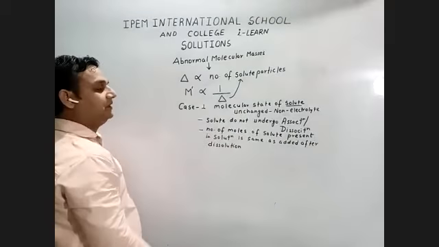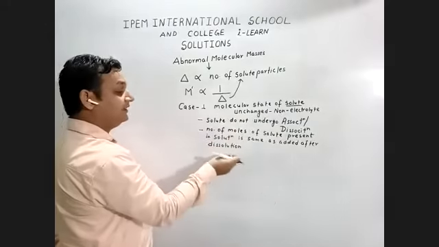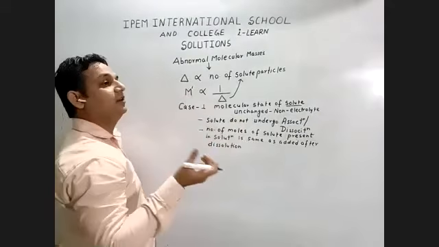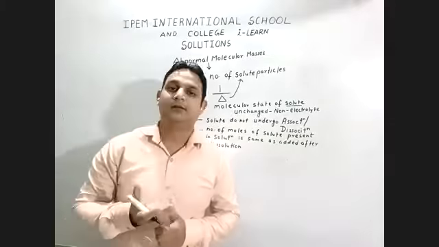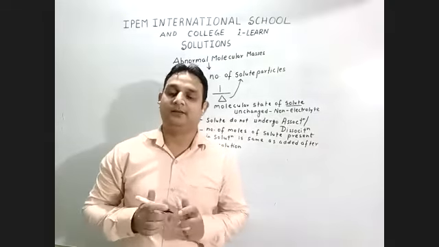Is it clear? So when the number of moles of solute present before and after dissolution is the same, we will get the exact molecular masses. We don't get any abnormal molecular masses.